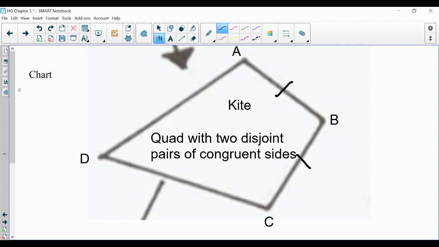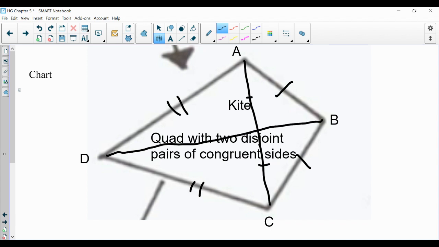B is equidistant to AC, D is equidistant to AC, which means that BD forms that perpendicular bisector, right? Using that equidistance theorem. So we actually kind of just proved that with just the equidistance that we've been talking about.